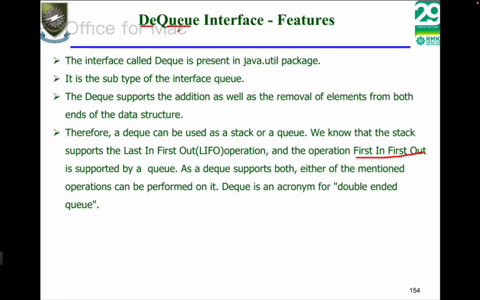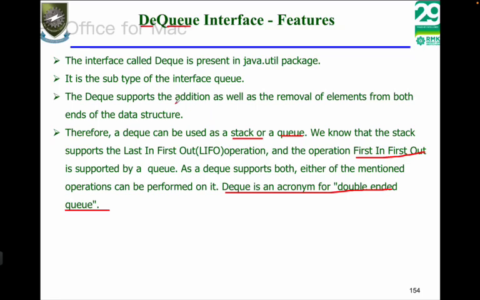But in Deque, we merge both concepts, the stack as well as the queue. Stack follows last in first out and queue follows first in first out. The acronym also says it is a doubly ended queue. The insertion and deletion can be done at both ends.